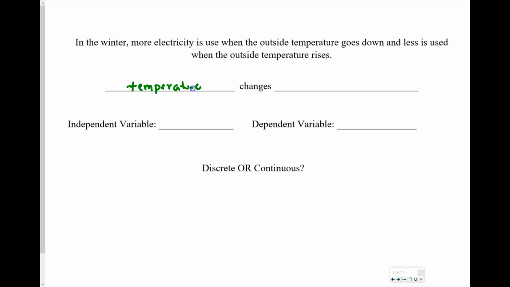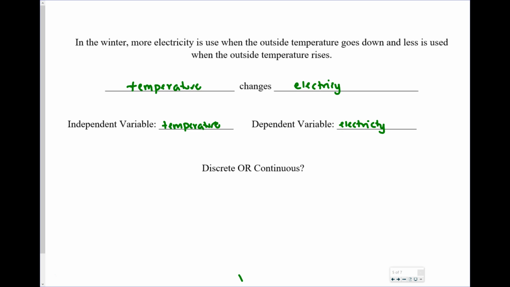It just happens. The temperature changes the electricity. If it's 52 degrees one day, I can't control the electricity. I have to deal with that temperature that's happening, and that electricity depends on the temperature. So in that case, my independent variable is temperature, and my dependent variable is electricity.